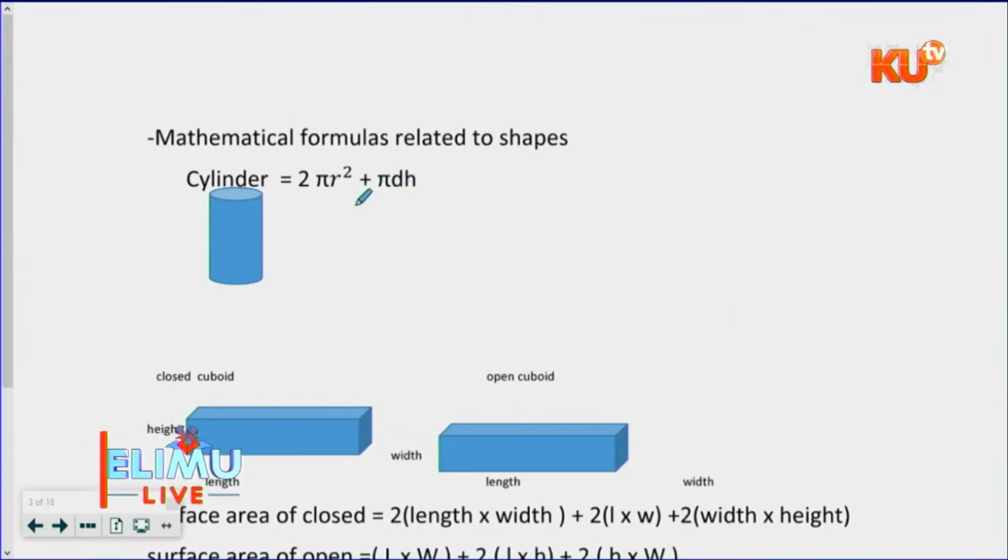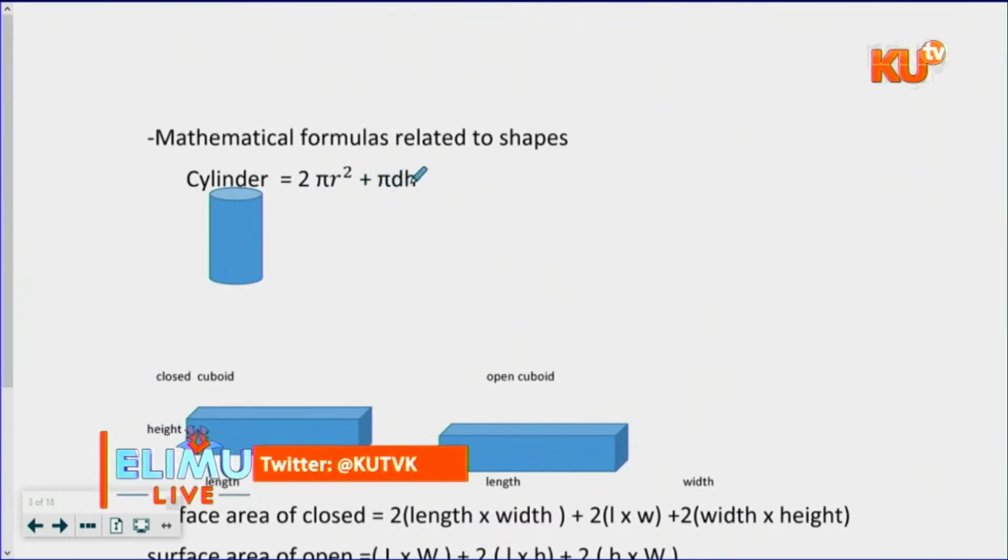Circumference, as I've said, is the distance all round a closed figure, a circular figure. So circumference is pi d, and then we multiply by h, our height. So we have pi d h.